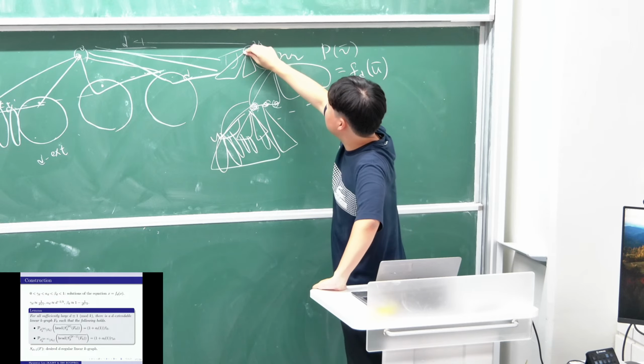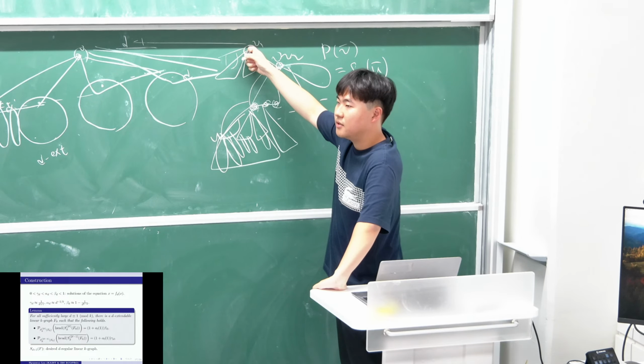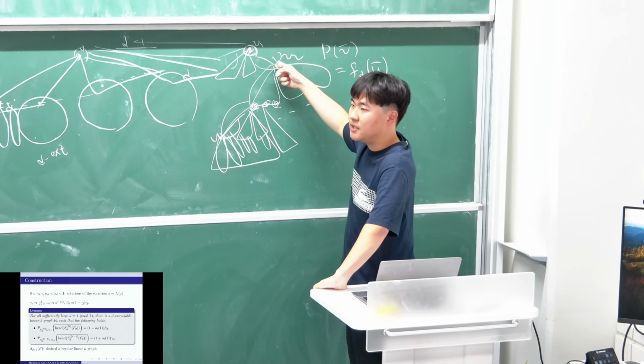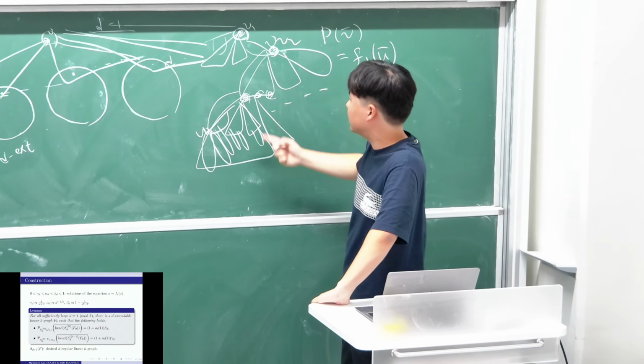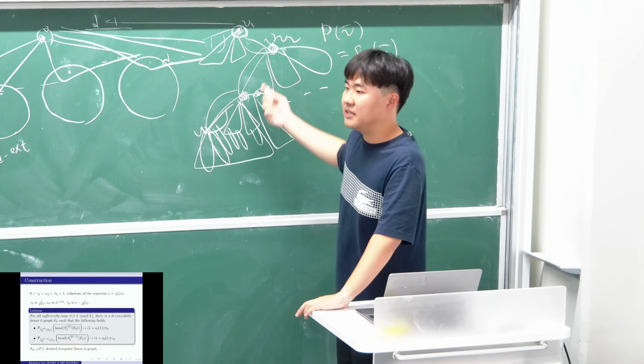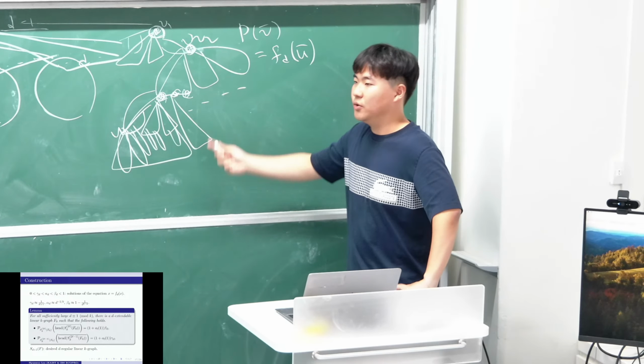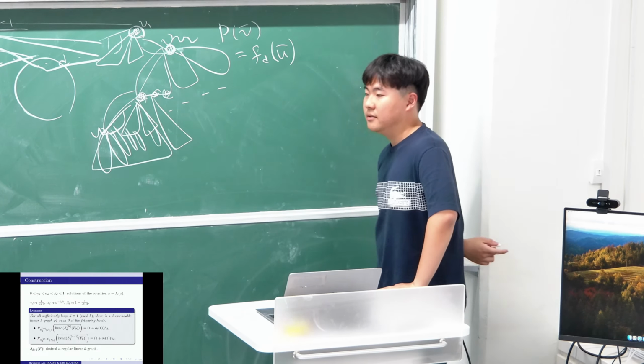So in this case this is an odd layer, and from this point of view this is the even layer, the even level in the hypertree-like structure. So we can use that.